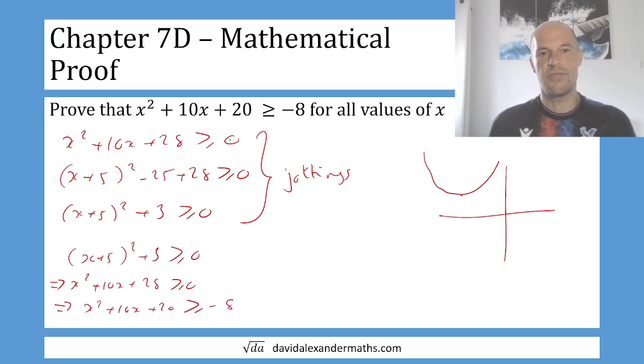All we've done is reverse all these equations, just to make sure that what we're doing isn't ambiguous. Like I said before, just because we finished here with something true doesn't necessarily mean we started with something true, so we have to work it backwards just to check that that is the case.